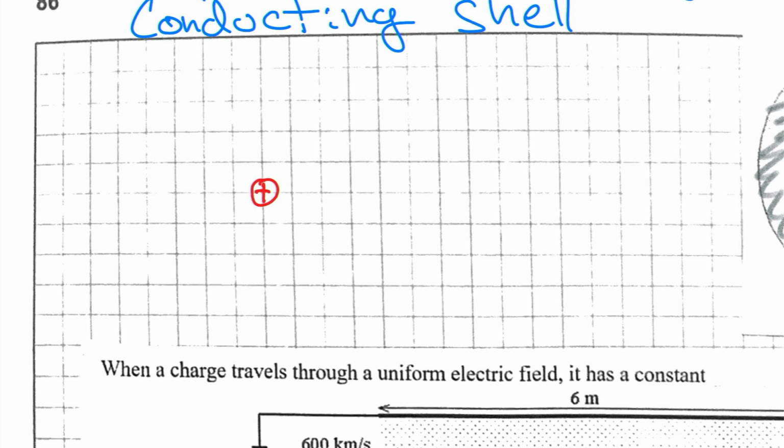So I'm going to kind of count out maybe two spots out, and then another spot beyond that. And then I'll draw some concentric circles here.